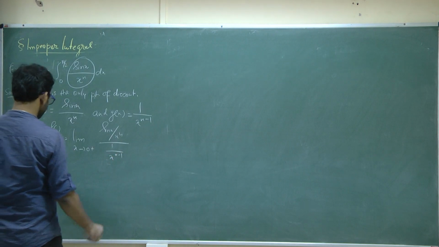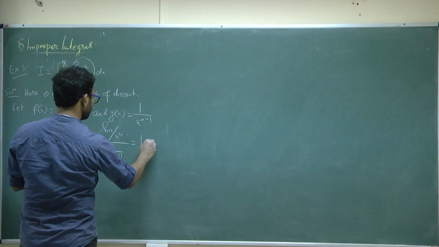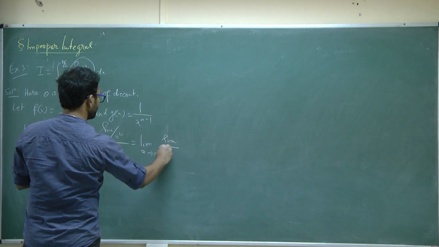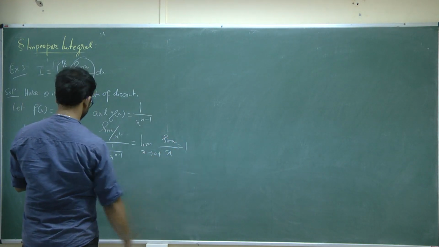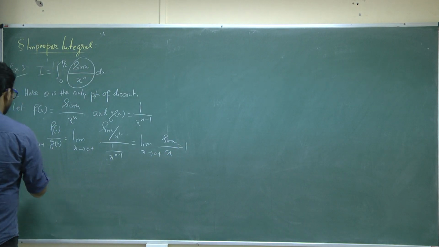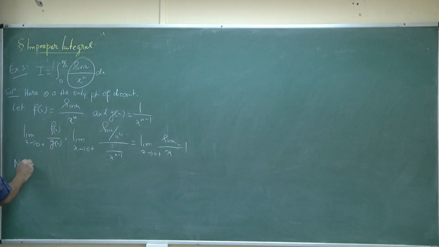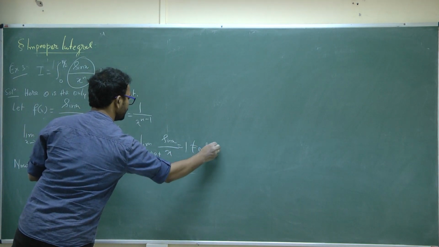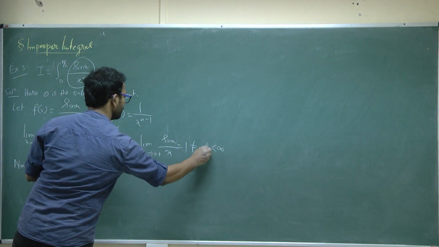I believe this one will reduce to limit x going towards 0 positive of sin x by x, and this is 1. All right. Now, integral from 0 to pi by 2 g(x) dx, this is finite, and the limit 1 is not equals to 0, and it is also finite. All right, it is also finite.